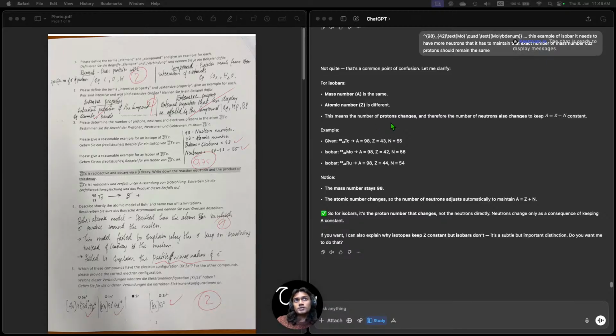This means the number of protons changes, therefore the number of neutrons also changes to keep A equals Z plus N. Number of neutrons adjusts. For isobars, the proton number changes, not the neutrons directly. Neutrons change only as a consequence.